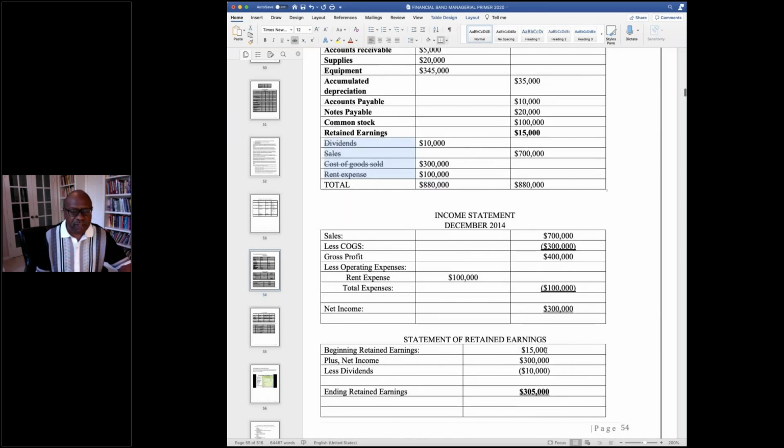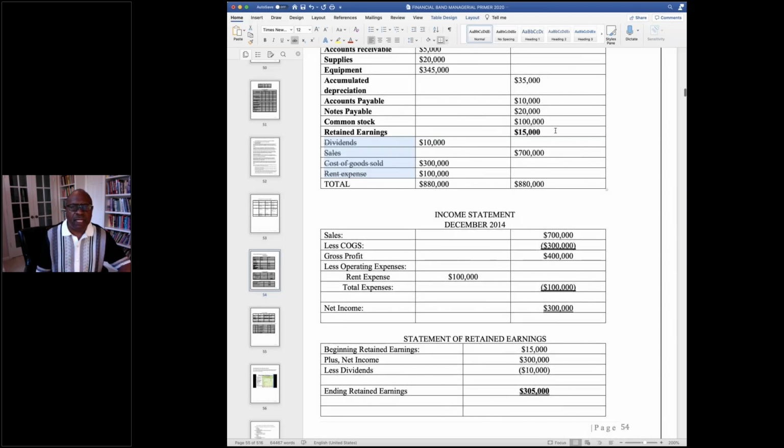Beginning retained earnings 15 plus the net income less the dividends gives us an ending retained earnings of 305. So eventually we want the retained earnings to be 305. This is going to be the new retained earnings.